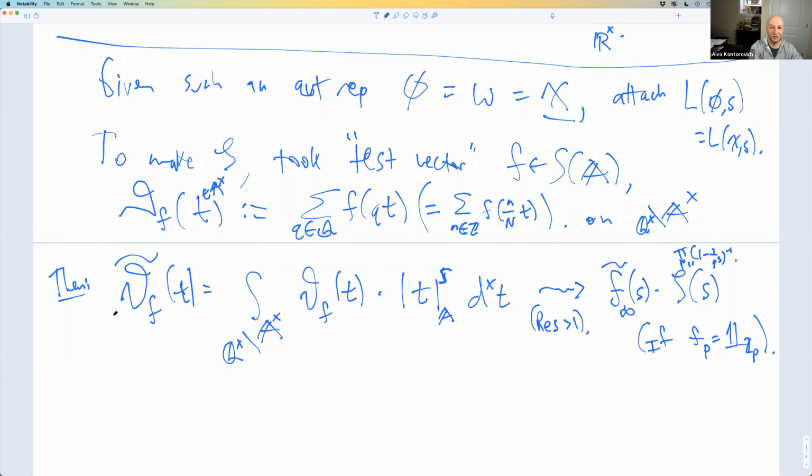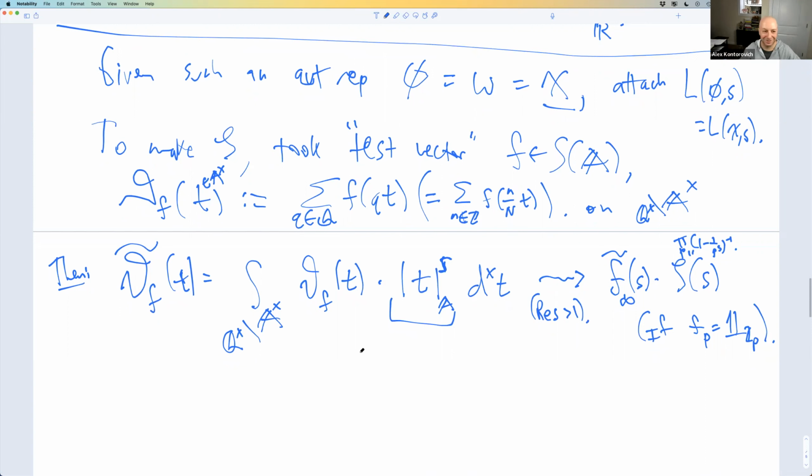So what are we going to do? Instead of just integrating over the ideles our theta function of our Schwartz function, you can twist it.